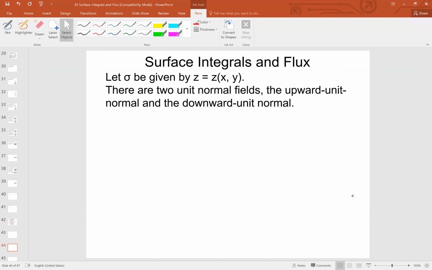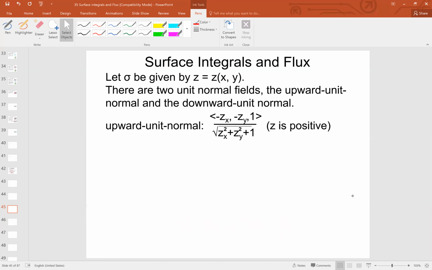There are two unit normals. When we talk about the unit normal, it's the partial with respect to x, the partial with respect to y, and you stick a 1 in the back for z, in the positive z direction.